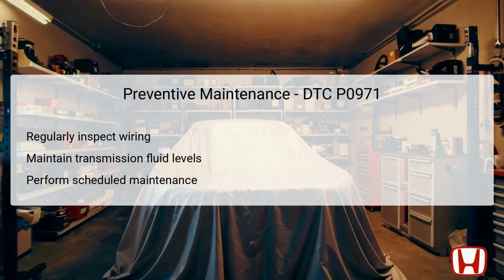Regularly inspecting wiring and connectors in the transmission area can help prevent electrical issues tied to the AT clutch pressure control solenoid valve C. Keeping the transmission fluid at optimal levels also helps maintain proper hydraulic pressure and ensures all components function correctly. Lastly, adhering to the manufacturer's recommended scheduled maintenance checks for the vehicle can help in catching potential issues early, promoting longevity and reliable performance of the transmission system.